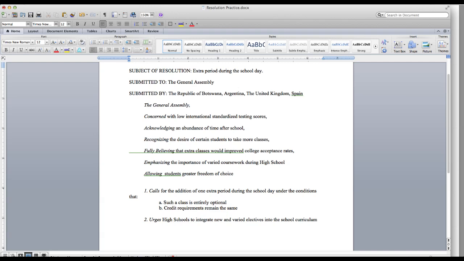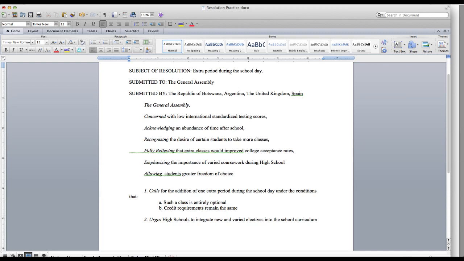And you could argue that by maybe saying with an extra period, students have more chances to take electives, which can maybe improve their career choices or push them towards a certain job, allow them to basically experiment more in high school. And that could even be something that you want to add up here, saying, like, recognizing the importance of students' need to experiment in high school to prepare for career. Okay, and that would go under preambular, but right now we are suggesting solutions. So urges high schools to integrate new and varied electives into the school curriculum.